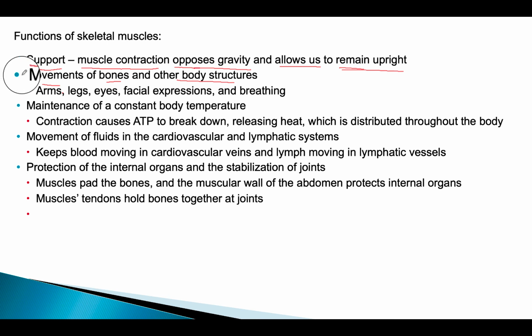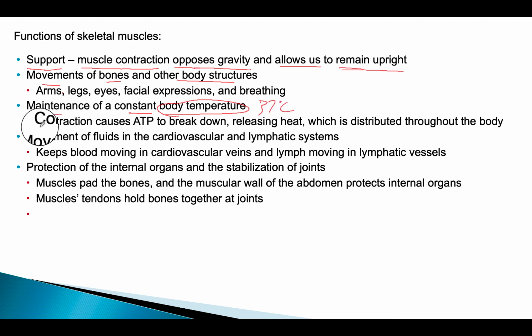What else is the function here? It maintains constant body temperature. So our body temperature of 37 degrees Celsius is due to the skeletal muscle making heat to maintain 37 degrees Celsius, which is the normal body temperature for homeostasis.